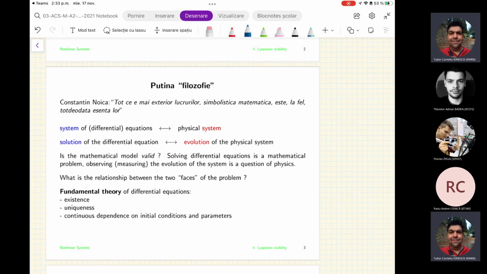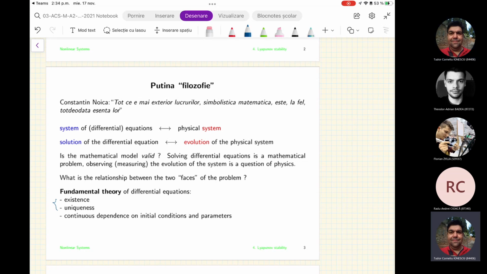But mathematics is going to provide a very nice answer to this issue, because we are going to use the fundamental theory of differential equations. We are going to talk about the existence and uniqueness of solutions, and we are going to state, without proof of course, that under specific assumptions of continuity or differentiability, such a system has a solution.